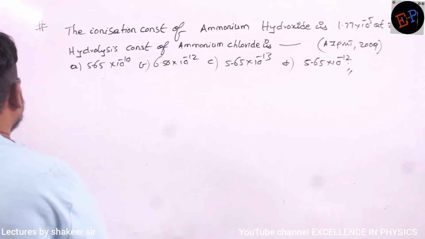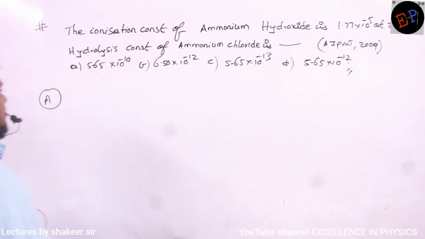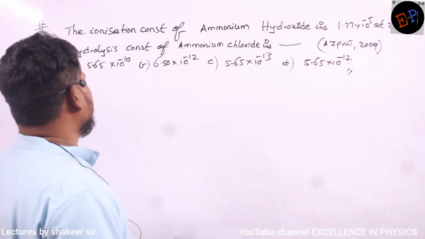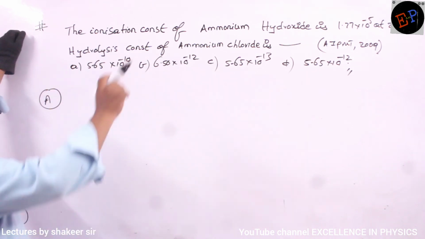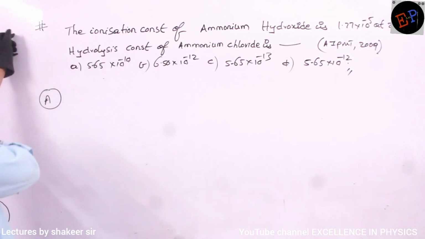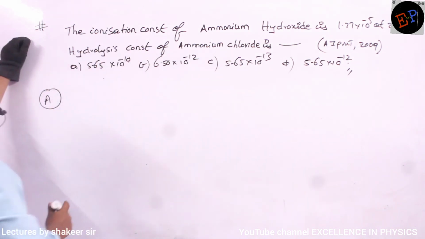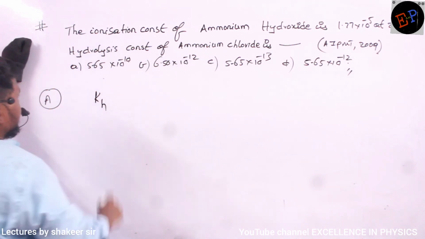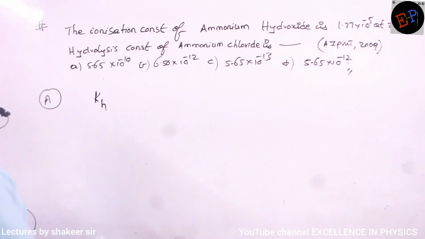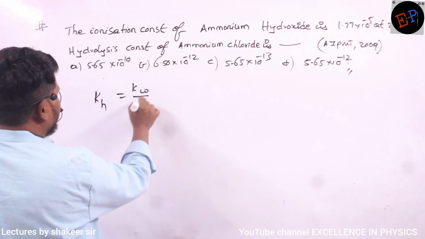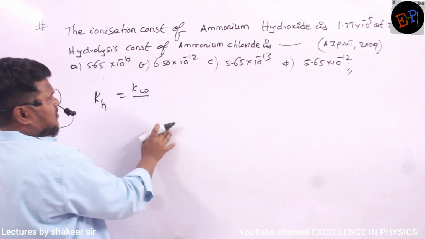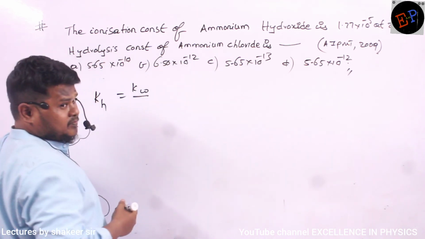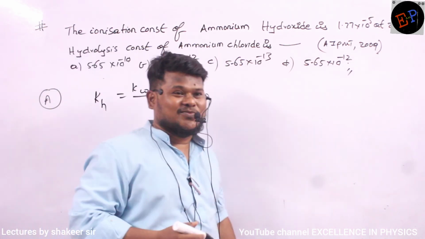See here, the ionization constant of ammonium hydroxide is given. Then what is the hydrolysis constant of ammonium chloride? That is what he is asking. What is meant by hydrolysis constant? Kh equals Kw divided by Kb, since ammonium chloride is a salt of the acid and NH4OH is a base.